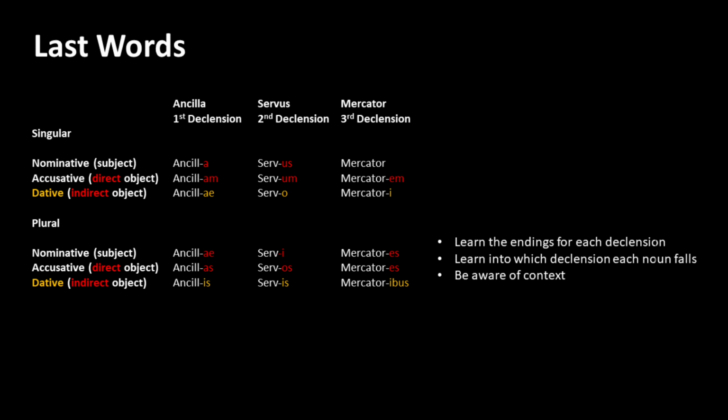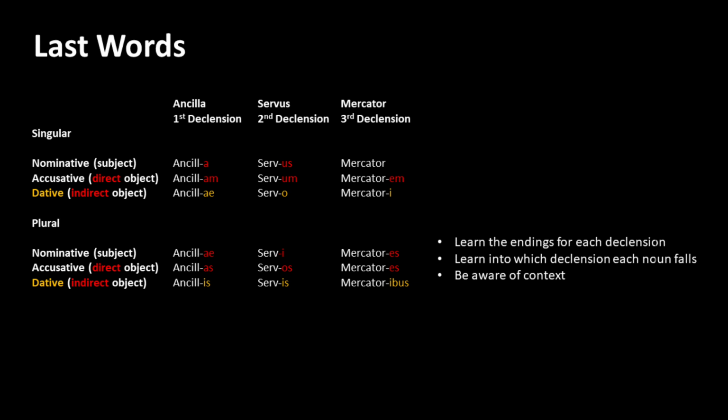So do learn the endings of the nouns for each declension. Second, learn into which declension each noun falls. You must get into the habit of doing this. It will save you a lot of trouble later on. It will save a fair bit in the present.